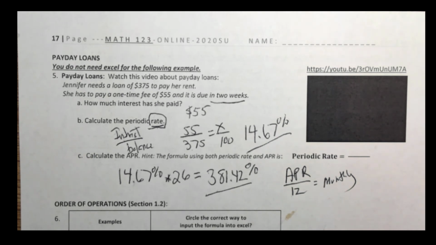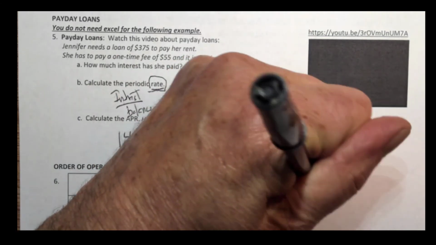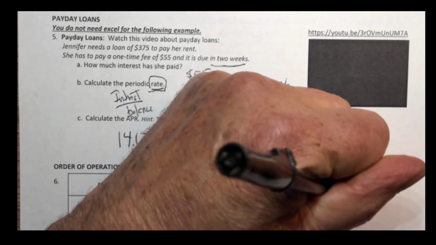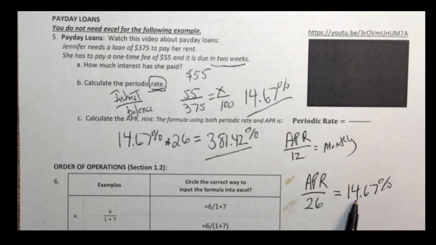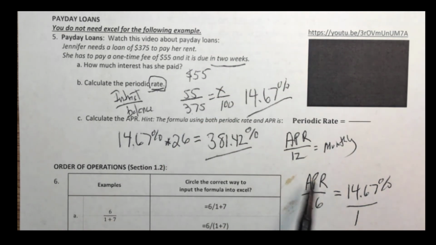Well, this one would be the APR over 26 gives you 14.67%, the bi-weekly rate, right? So this is using the formula this way, it's the same thing because this is over 1. Multiply both sides by 26 and you get the APR as this times this, which is 381.42%.